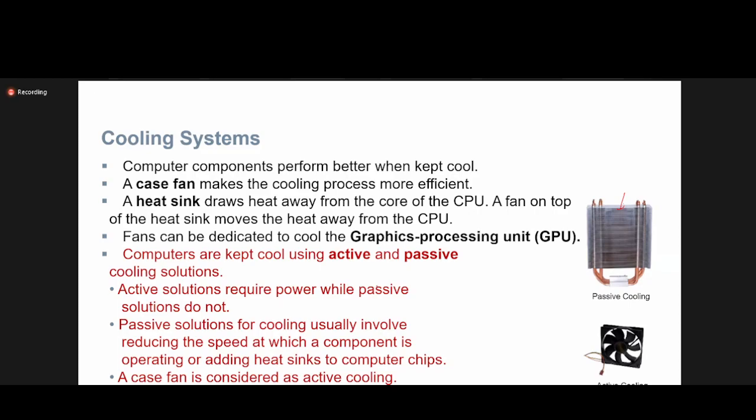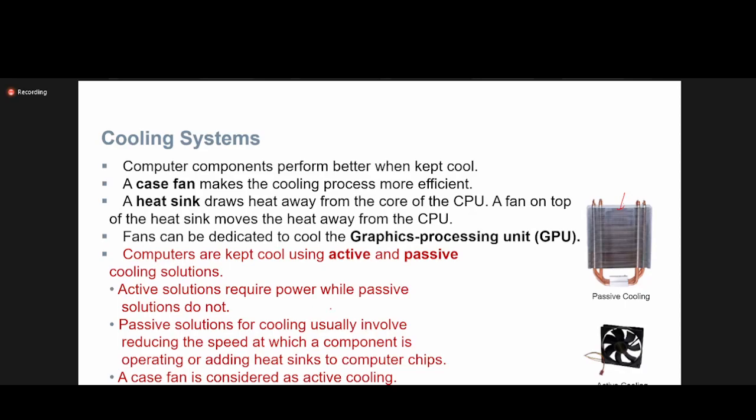Heat sinks draw heat away from the core of the CPU, and a fan on top of the heat sink moves the heat away from the CPU. A fan can also be dedicated to cooling the graphical processing unit, or GPU. Computers are kept cool using active and passive cooling solutions. Active cooling requires power, while passive does not.